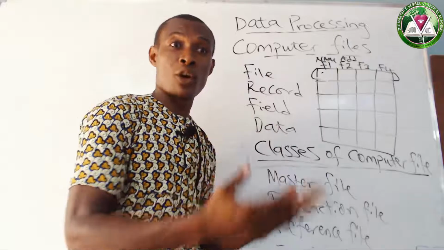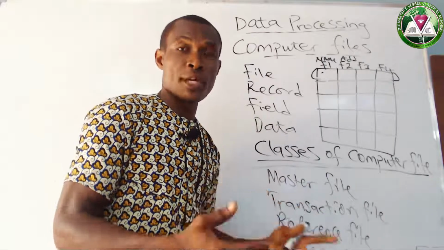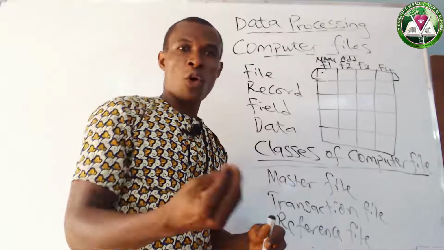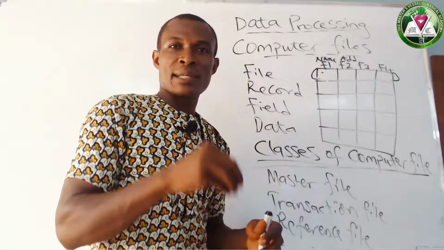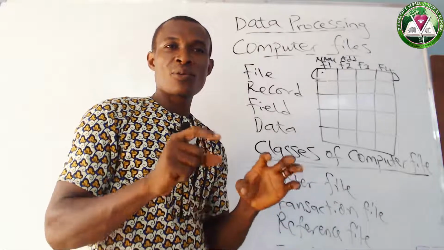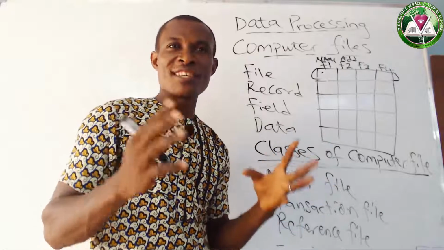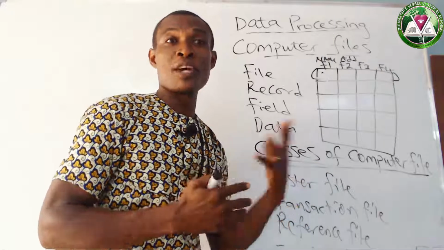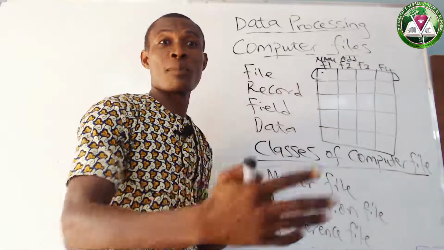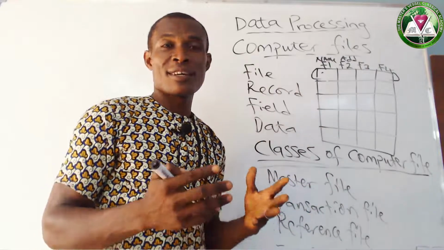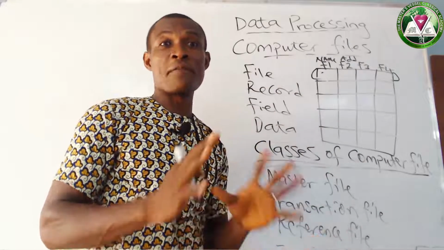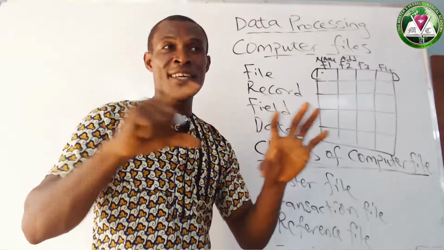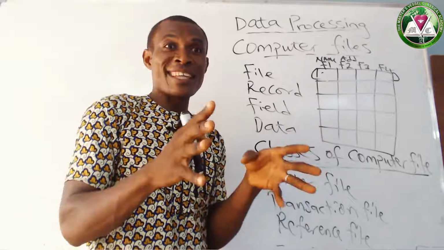They keep records of the things they do there. Now, there are some files in that shop or in that office that will not be changed easily. For example, payroll or names of employees in an office or in a firm, or the things you sell in that shop.